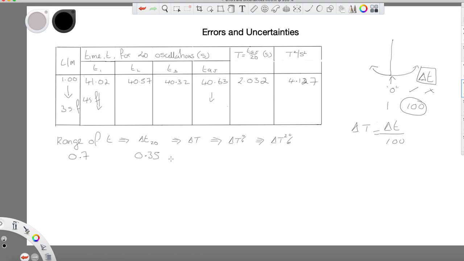So 0.35 divided by 20 is the uncertainty in my period, which is 0.0175. So my percentage uncertainty in t is 0.0175 divided by my period, 2.032. And that is 0.86 or thereabouts.